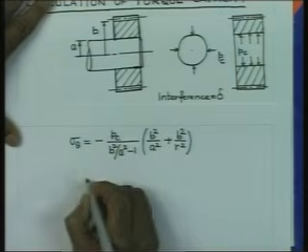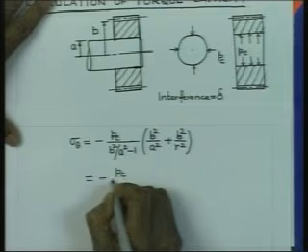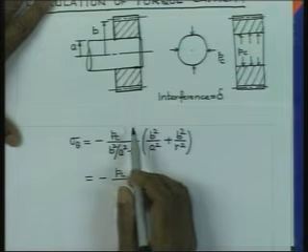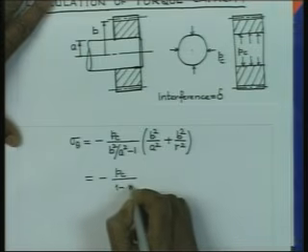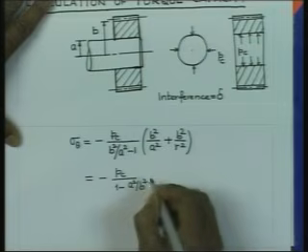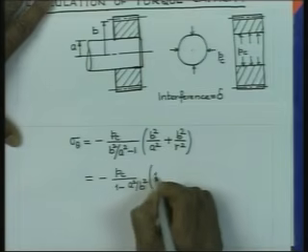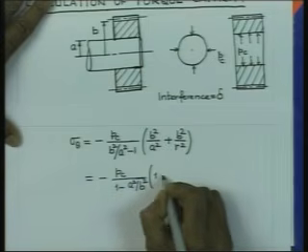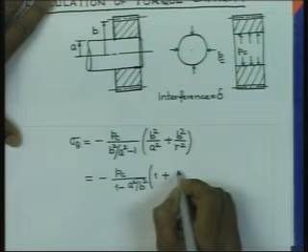So, what we do is that we try to rearrange, we try to multiply both numerator and denominator by A square by B square. So, that will give us A square by B square, and if we multiply A square by B square, this will become unity, and then A square by B square into B square by R square will give us A square by R square.